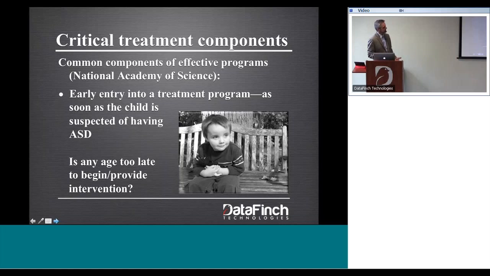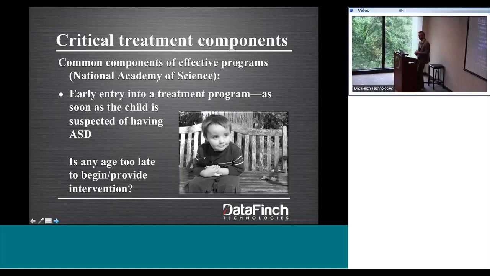The first is that a person with autism gets early entry into a treatment program. So one of the things that can be most predictive of success is when someone gets into treatment or starts receiving intervention as early as possible. In fact, probably as soon as it's even suspected that that child may have an autistic spectrum disorder.